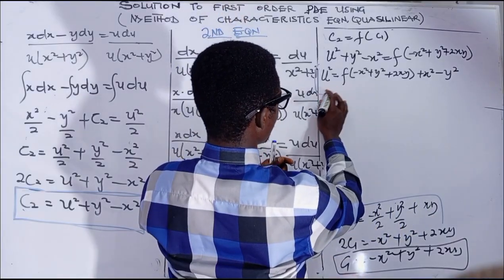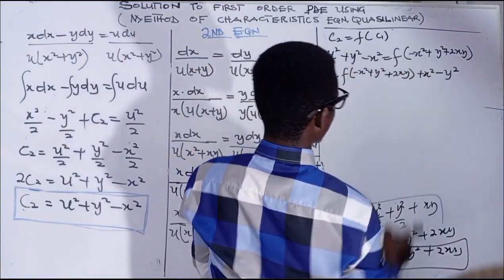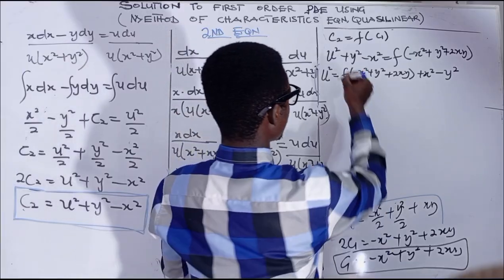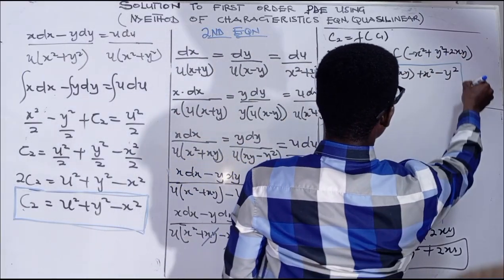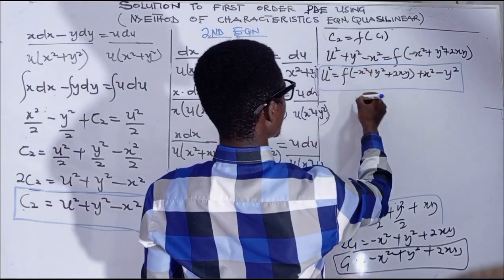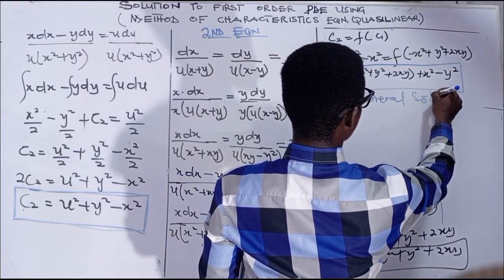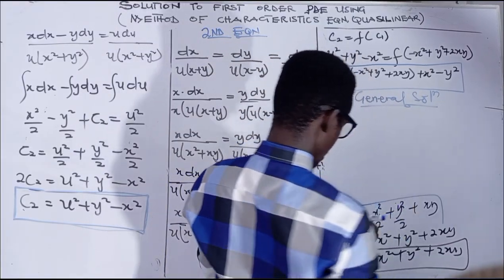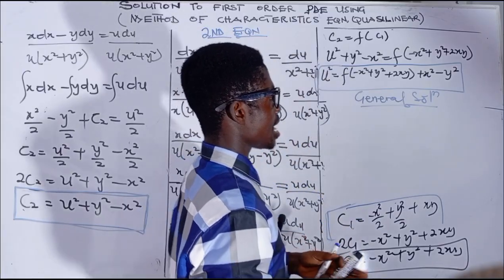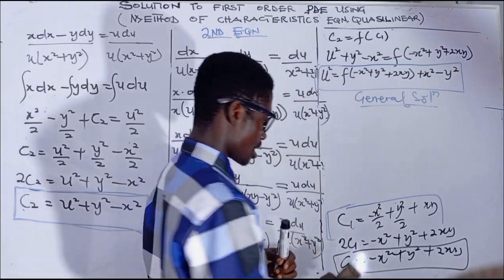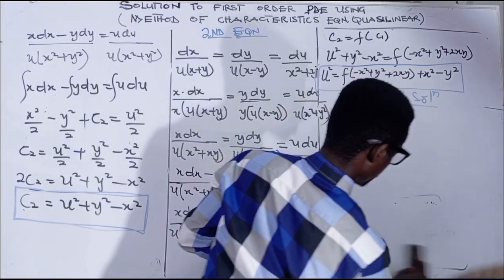So we can decide to take the square root on either side of the equal sign, or we can decide to leave it in this form. Let's leave it in this form. So this becomes our general solution. Now realize that we're being given an initial condition, so we have to proceed to find the particular solution.